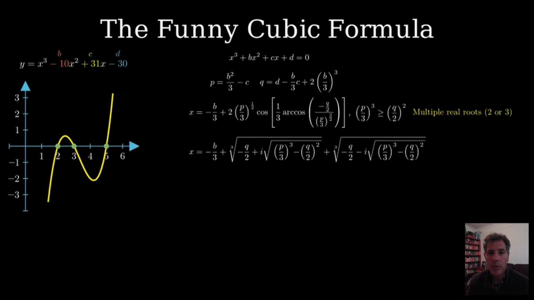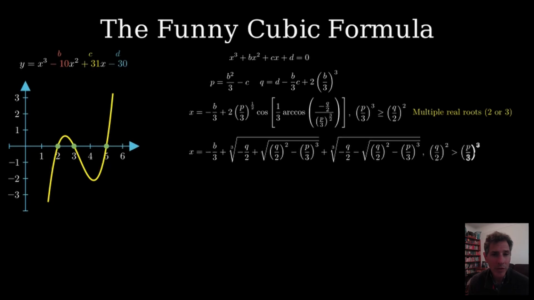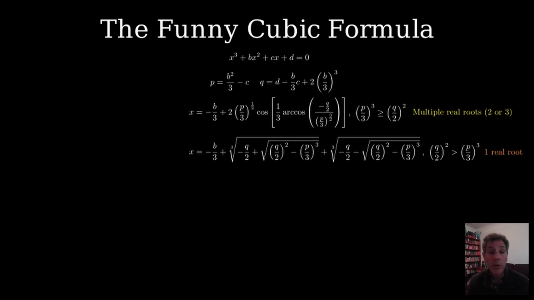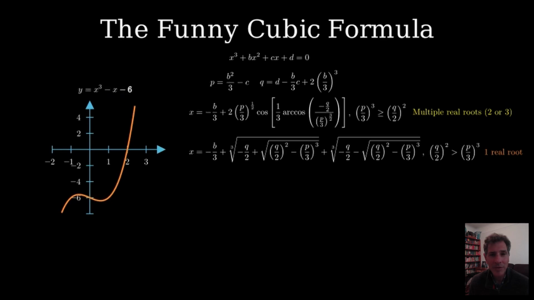In that case, we switch the radicand terms back to their original positions and absorb the square root of -1 back into the radicand sign. We will draw the corresponding graph for this case on the left. I will write an example equation corresponding to this graph up above, and we can calculate p and q just as we did before. But let me tell you, the funny cubic formula has another trick up its sleeve.